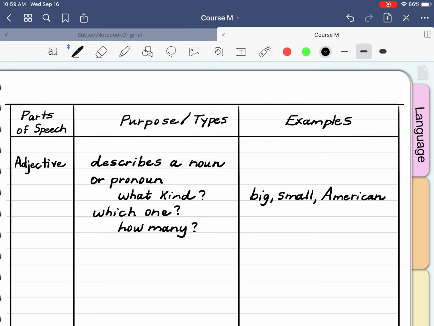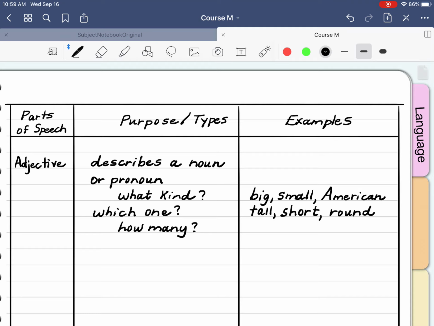Which one? This one you could almost interchange with what kind. You could say big, small, and American. Tell which one. But some other examples would be tall, the tall tree, not the short tree. Short would be an adjective. Round, square. The round plate instead of the square plate.